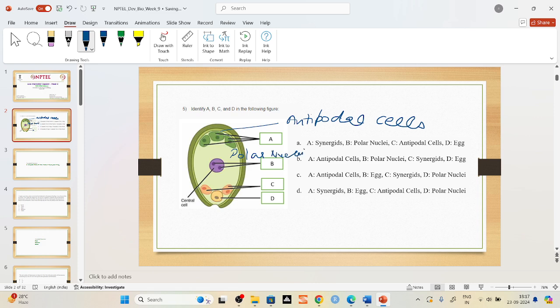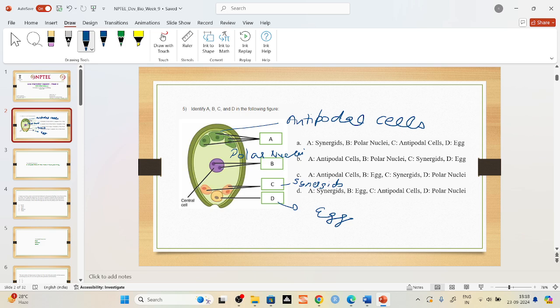These are synergids, and this is the egg. Okay, so now what are antipodal cells and what are synergids?